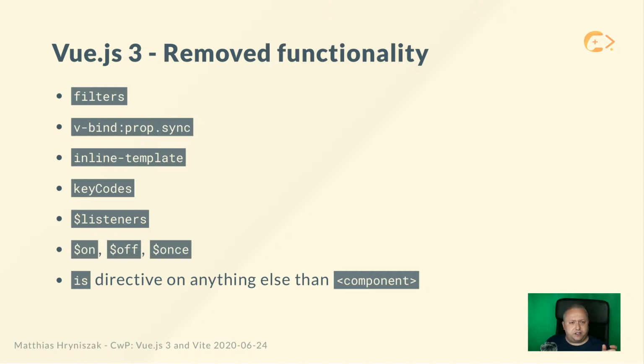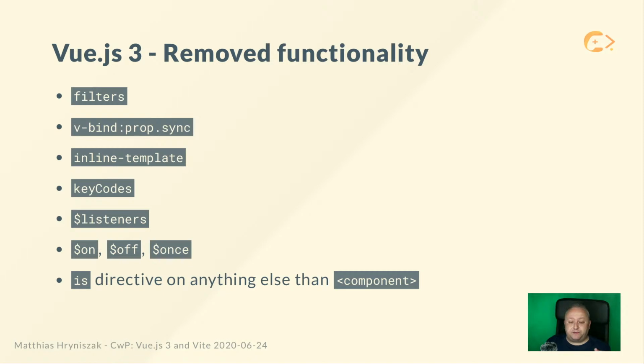That's why $listeners is no longer there. The $on, $off, $once that have been sort of simulating or conforming to the event emitter interface, they're also gone. Now you can only bind, as far as I understand, I might be wrong about that, but it seems like you're only able to bind in the template.